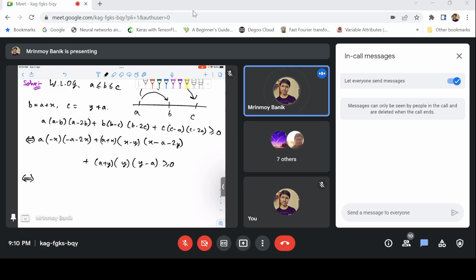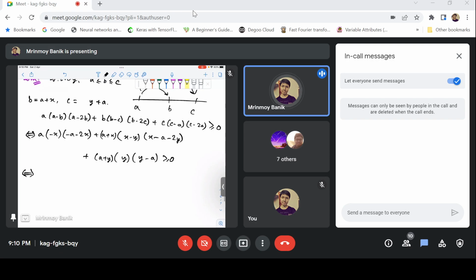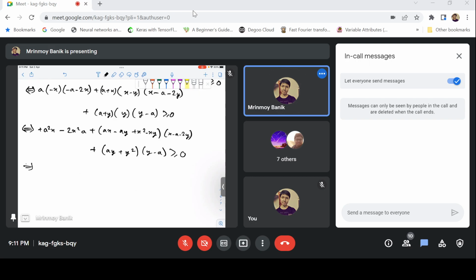So if and only if we simplify, so we have, let's say, x squared minus 2x squared a plus ax minus ay, x squared minus xy, y squared, y minus a, a squared x, 2x squared a.